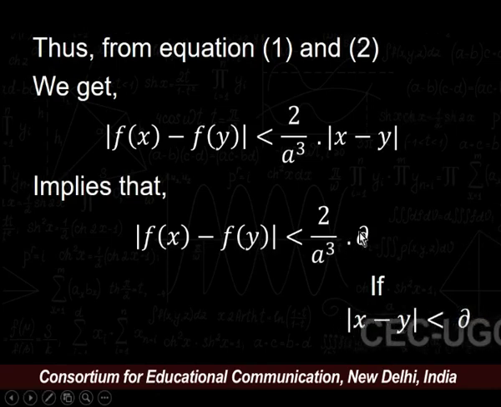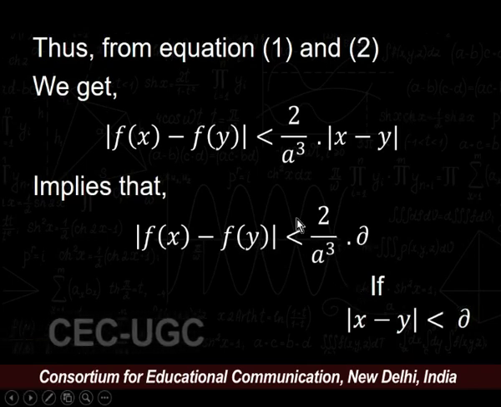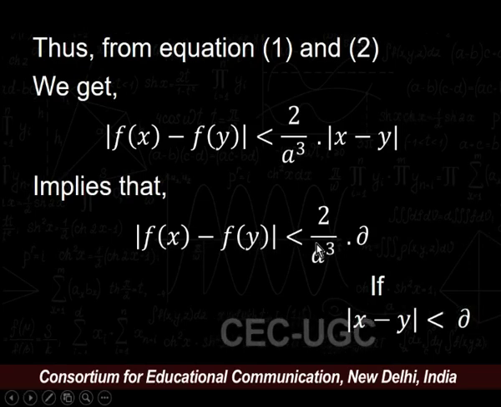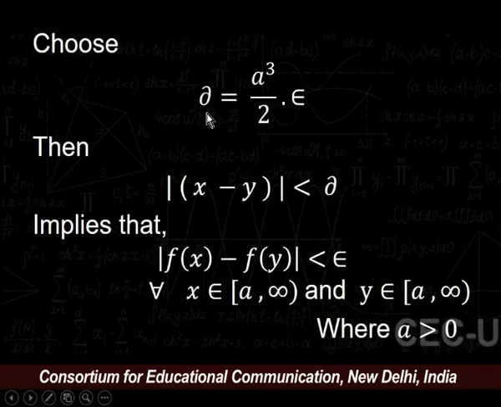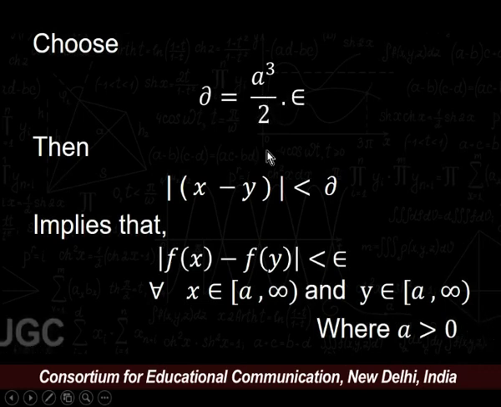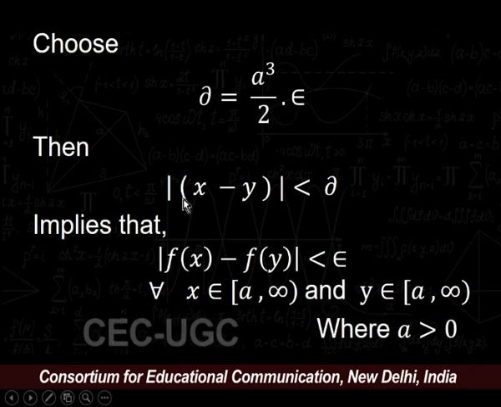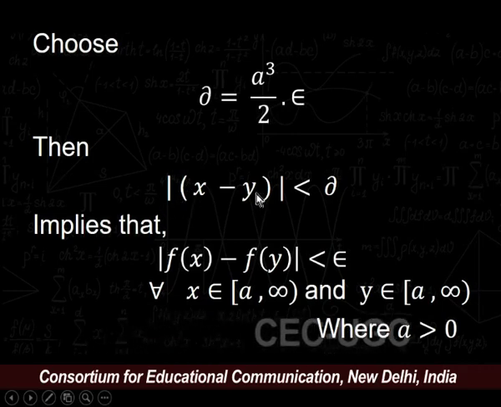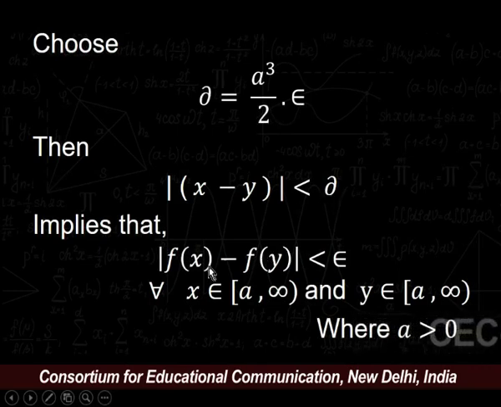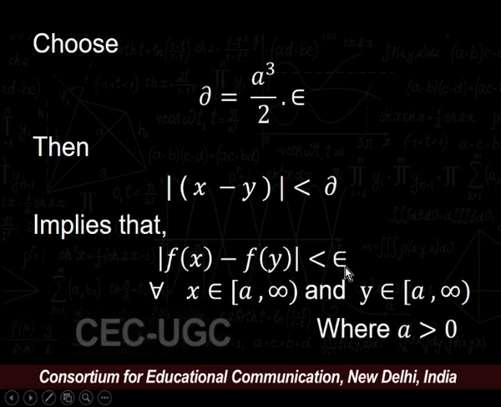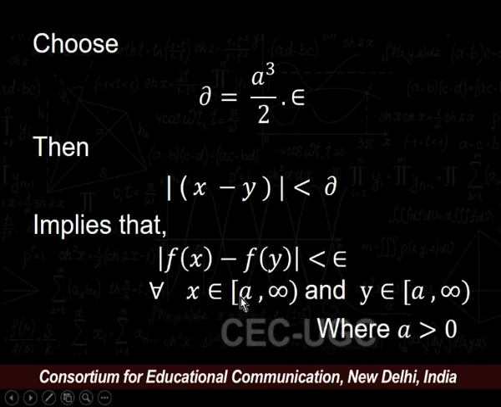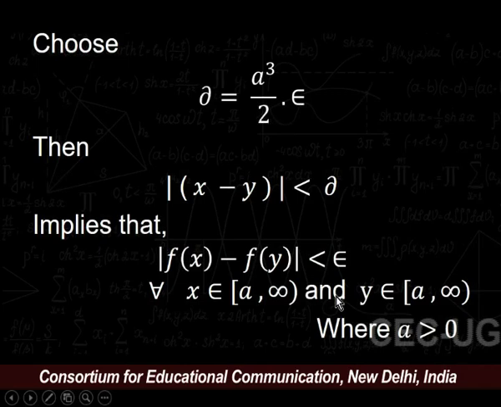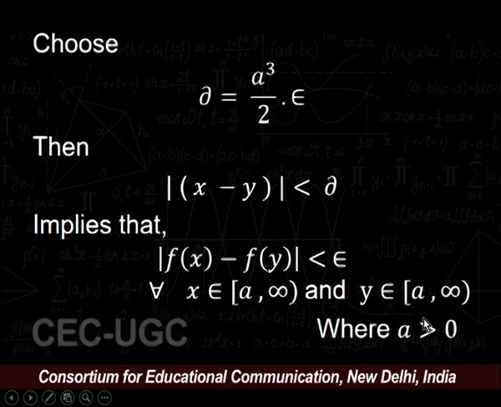If we choose delta = a³/2 · epsilon, then for |x − y| < delta, we have |f(x) − f(y)| < epsilon, for every x and y belonging to the interval [a, ∞), for all a strictly greater than 0.